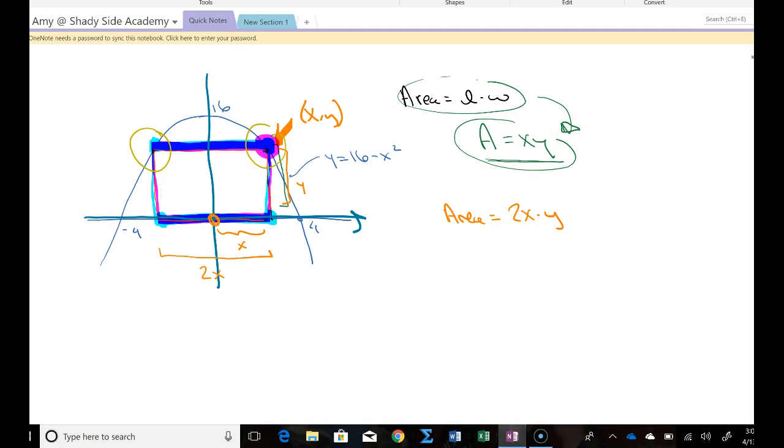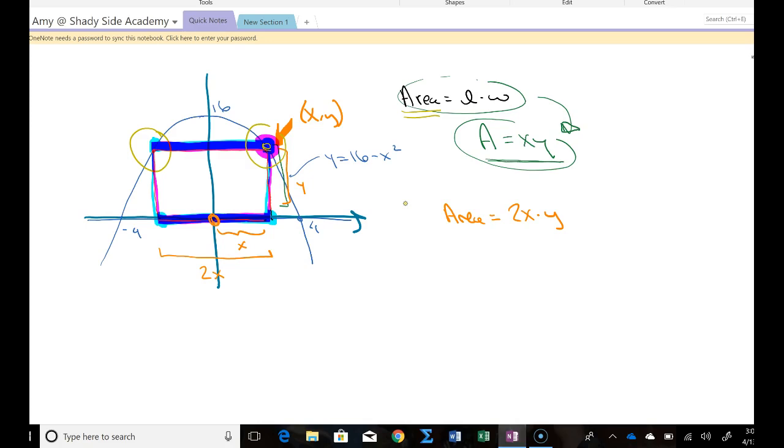While we have incorporated the detail that x and y are going to be coordinates of this point, we haven't incorporated the detail that this parabola is playing a very large role in determining the area of the rectangle, which is ultimately what we're optimizing. So the question is, how can I do that?